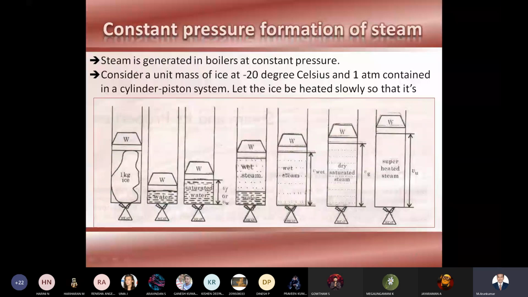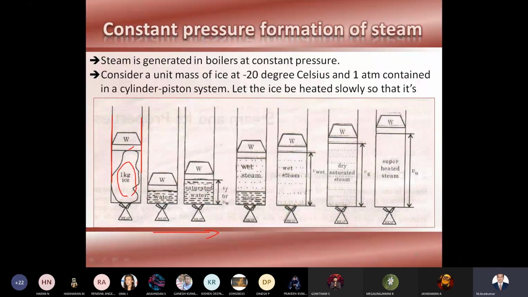Right, so consider a unit mass of ice at minus 20 degrees Celsius and 1 atmospheric pressure contained in a cylinder piston system, like a boiler. So let the ice be heated slowly so that it will follow this figure. Right, so consider in a piston cylinder we have 1 kg of ice at 1 atmospheric pressure.